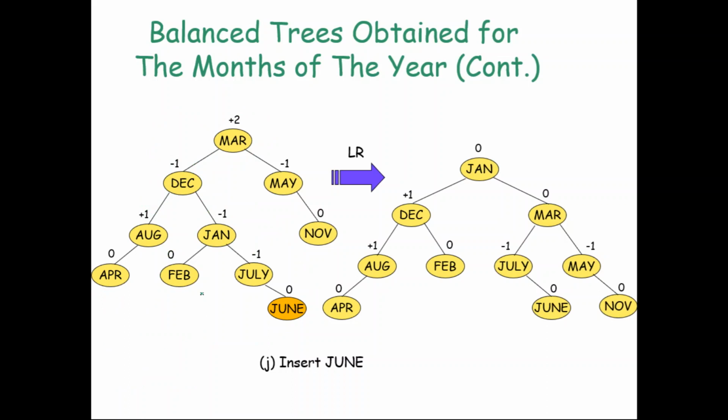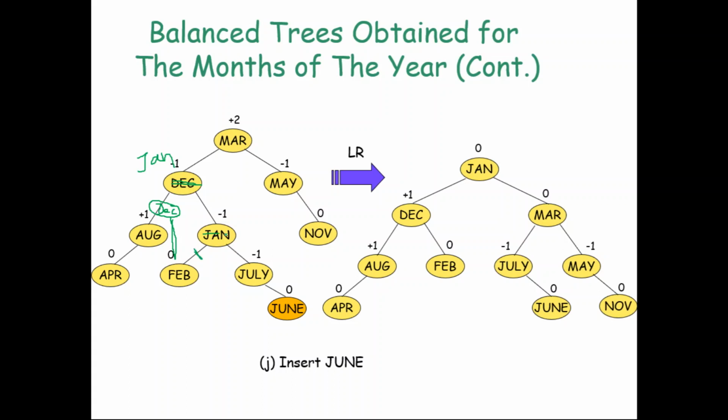If you want me to explain again, first we are left rotating this. When you left rotate this, this becomes Jan. December comes here, and Feb becomes the right child of December. There is no connection here anymore.